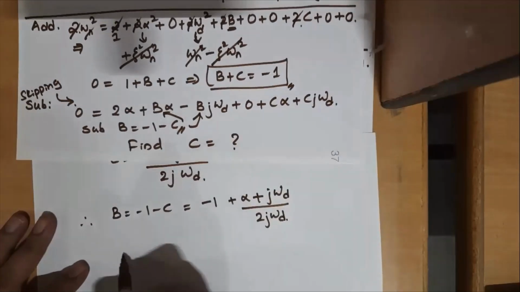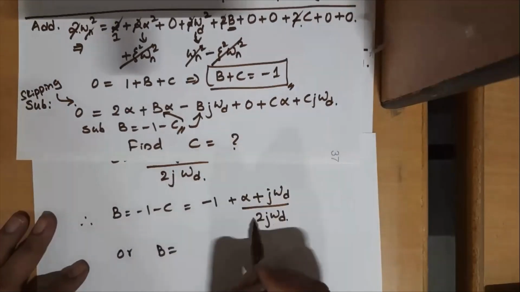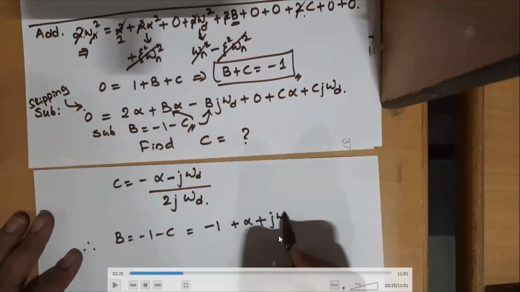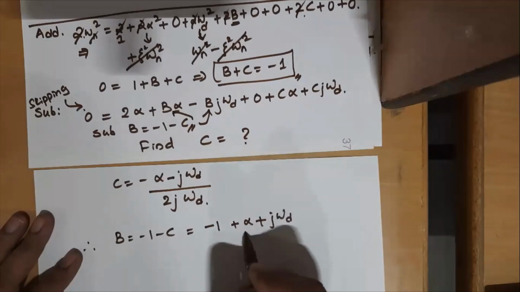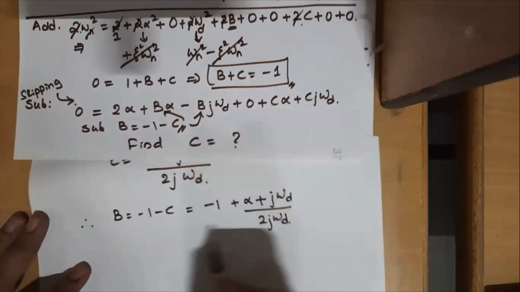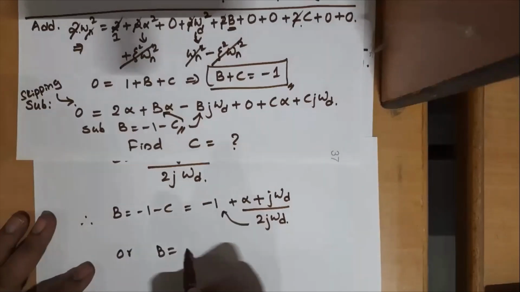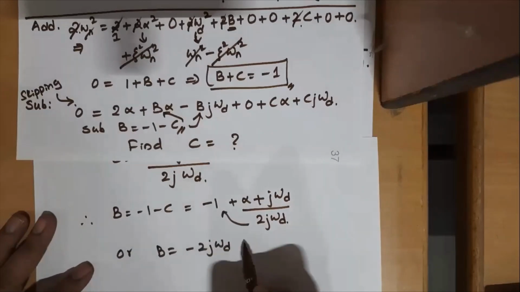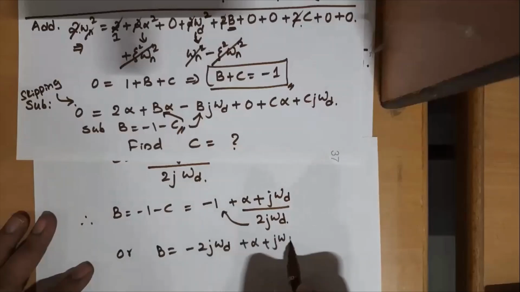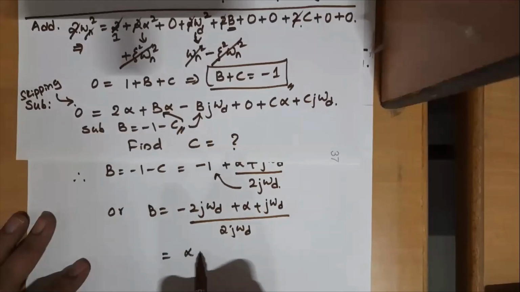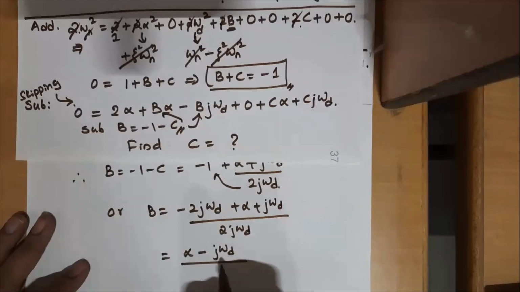So minus 1 is as it is, minus c is minus of these terms, so it will become plus alpha plus j omega d divided by 2j omega d, or b equals, simple mathematical steps, whole divided by 2j omega d, that is equal to alpha minus j omega d divided by 2j omega d, as it is.